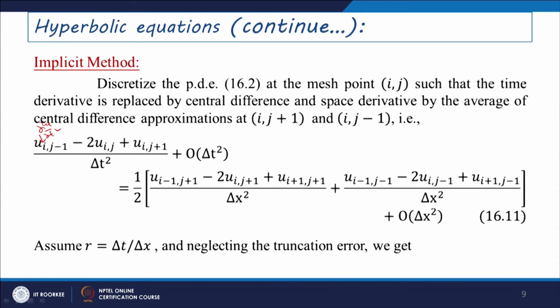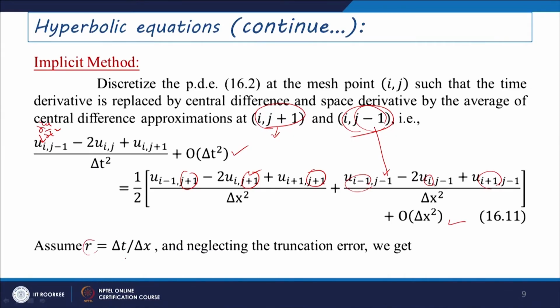This equals, if you take the average at 2 different points at the i j plus 1 point and the i j minus 1 point there, we can write these u terms in the form of i, j plus 1 point. If you take the central difference, then we can write i minus 1, i and i plus 1, and j plus 1 remains fixed. Similarly, if you go for i j minus 1, j minus 1 remains fixed. So, it will be derived from i minus 1, i and i plus 1, plus order of del x square term here plus order of del t square term here.